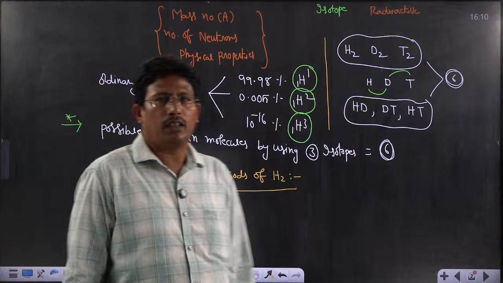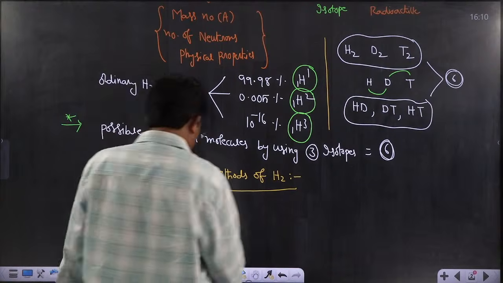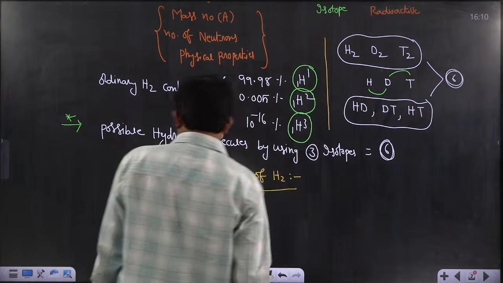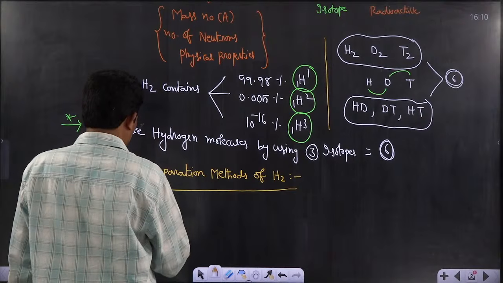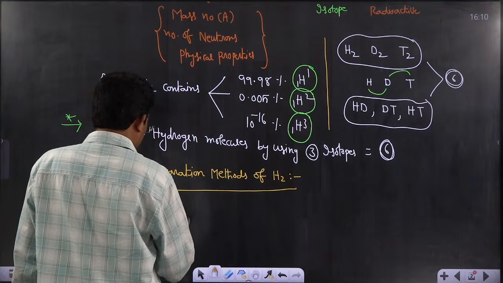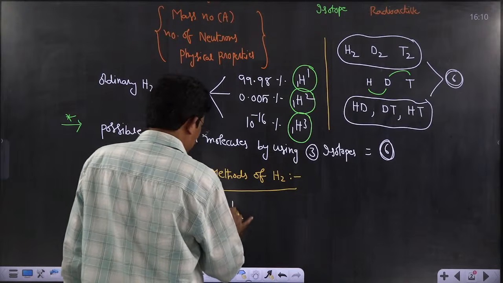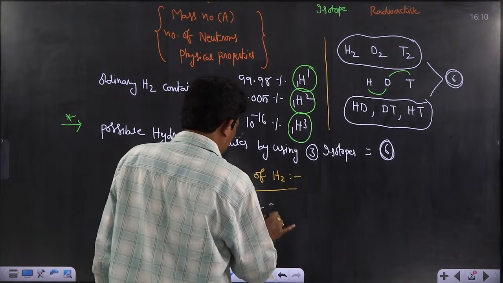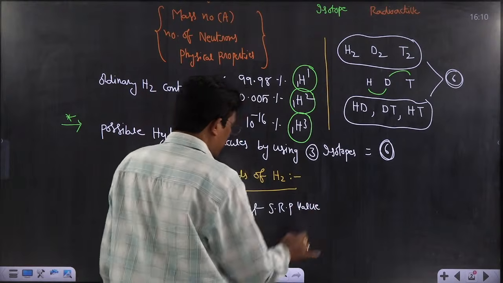When they react with active metals, we get hydrogen gas as a byproduct. In electrochemistry also, metals with lower SRP value than hydrogen.